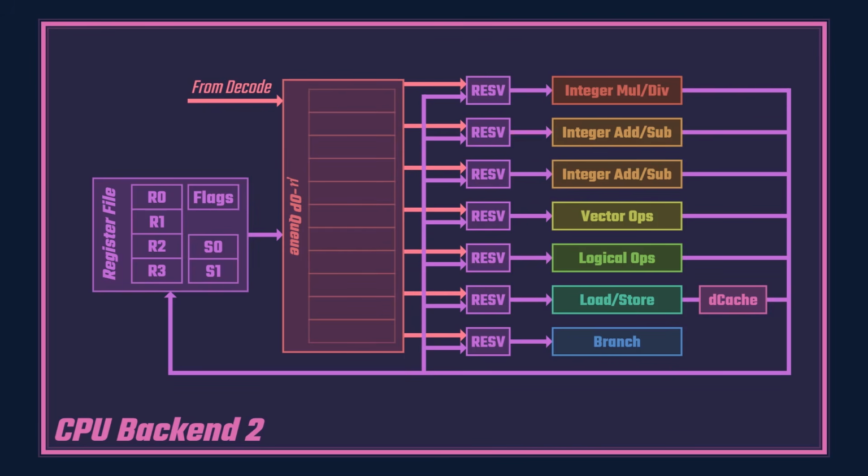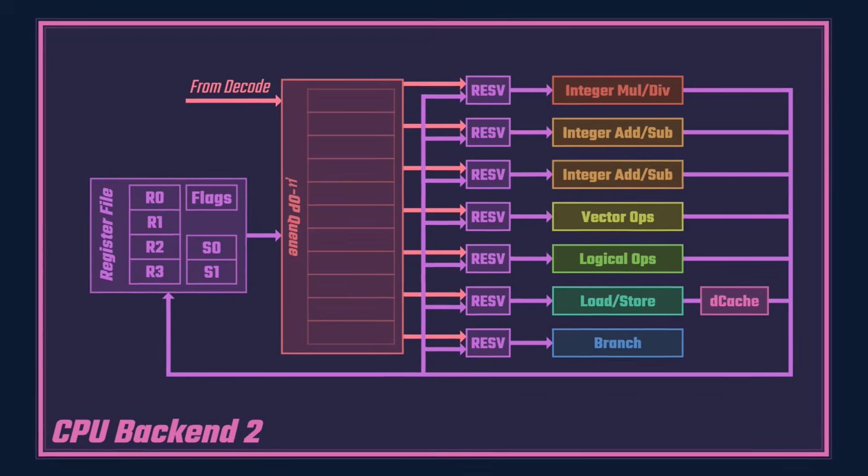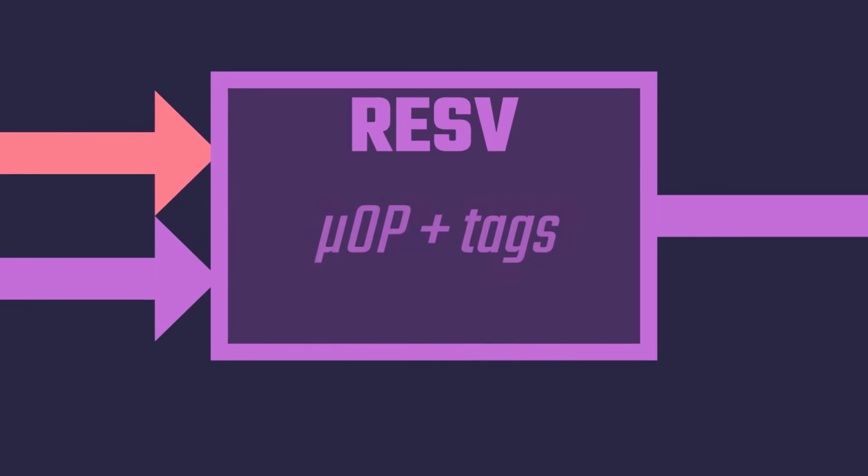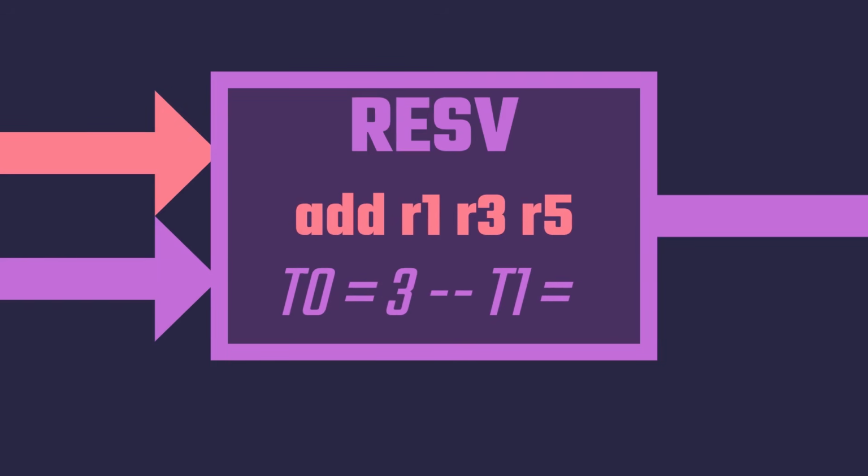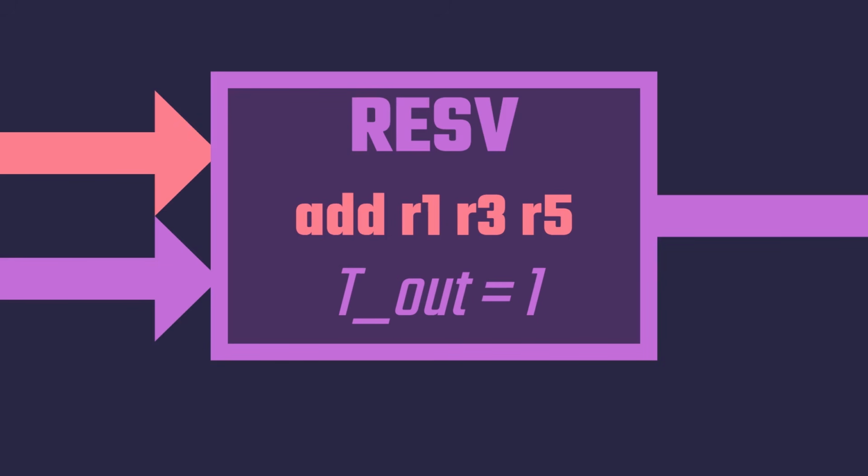No need to wait for the register file to update at all. The question now is what exactly these tags can be. We could just use the register names, as in this add R1, R3, R5 would have the reservation station which keeps track of tags 3 and 5, and after the add, it will output the answer with the tag 1.